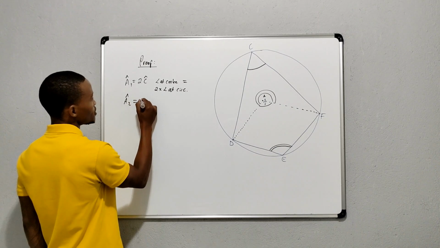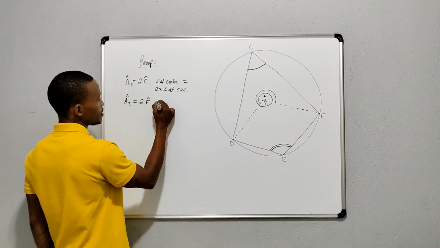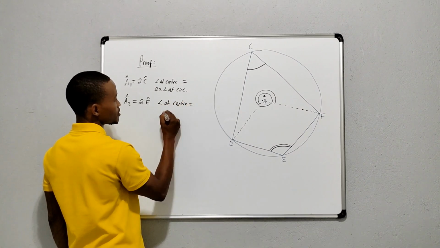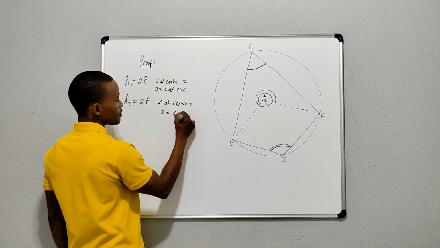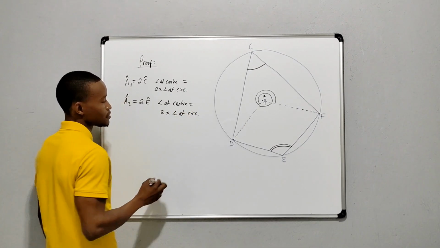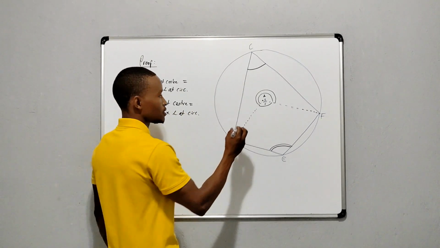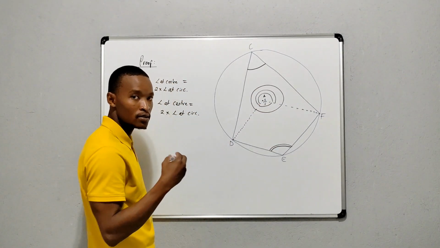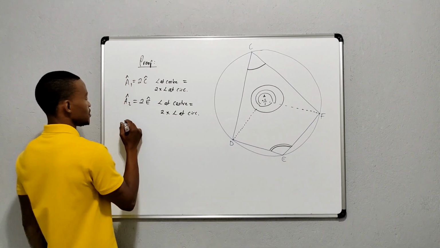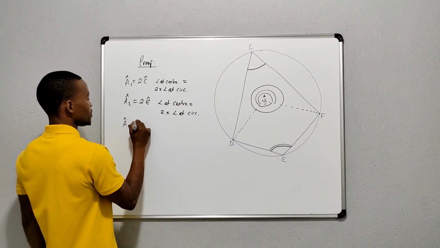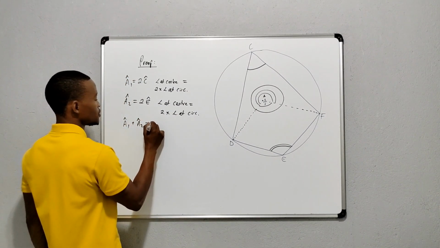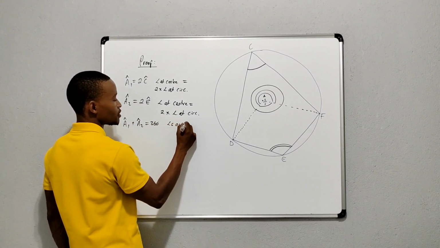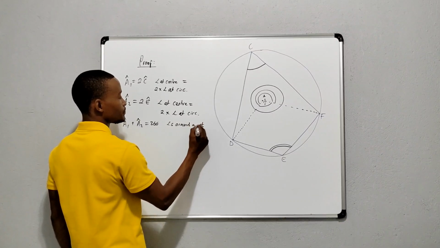Angle A2 is equal to 2 times angle E, angle at center is equal to 2 times angle at circumference. But adding these two angles around a point, they add up to 360. However, we know that angle A1 plus angle A2 is 360 degrees, so angles around a point.